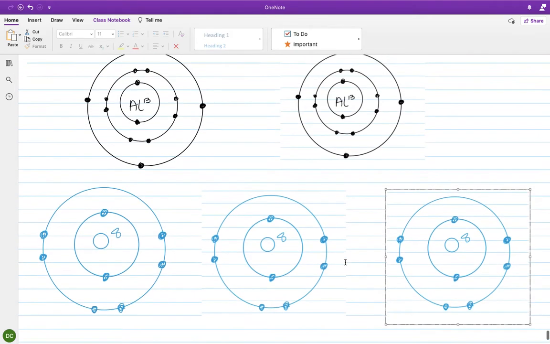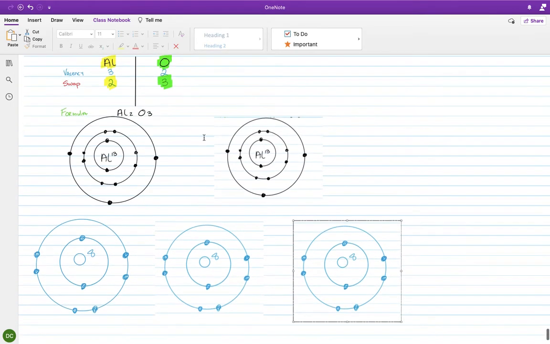Okay. So that's what the formula says. The formula, according to my little method, says that I need 2 aluminiums and 3 oxygens, and they should be able to do covalent bonding and share. Now, I'm not going to be able to do the animation and move the way the PowerPoint could, but if you can hopefully just imagine this.